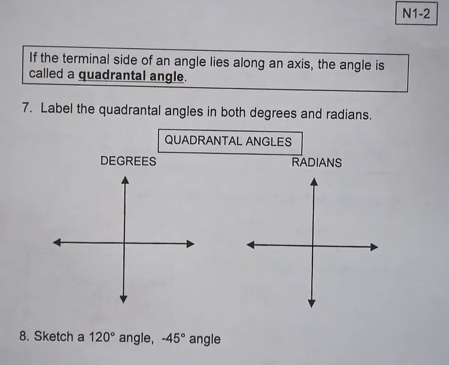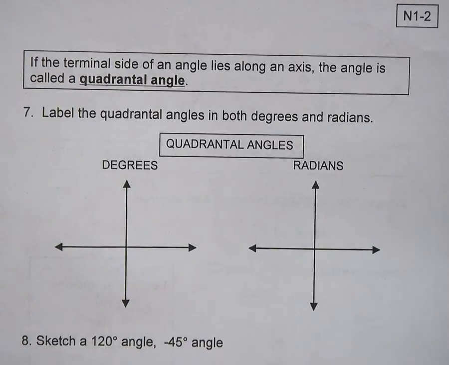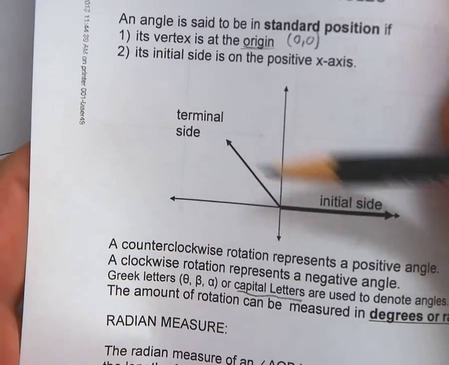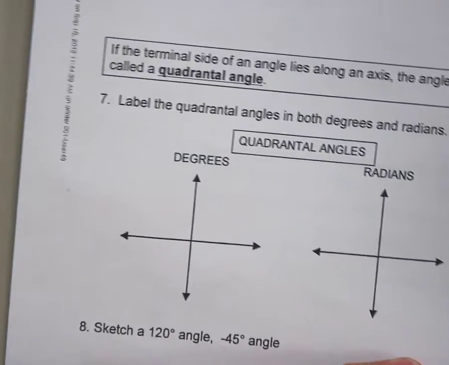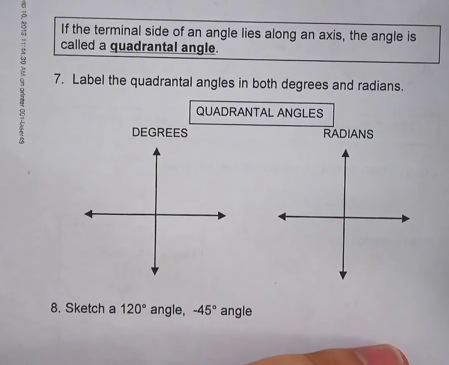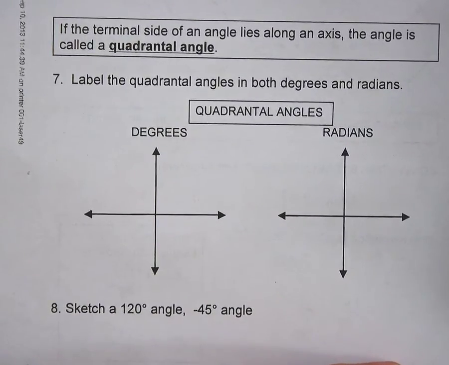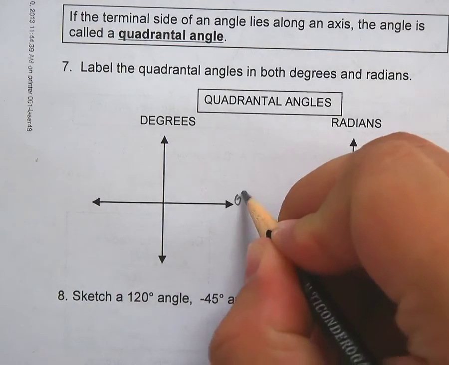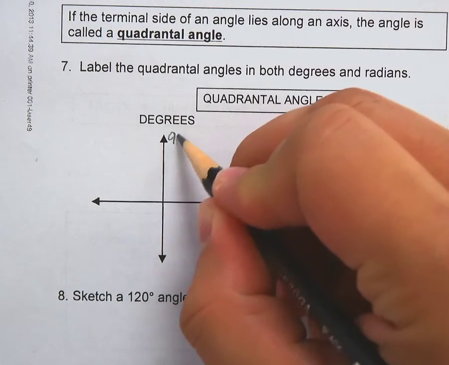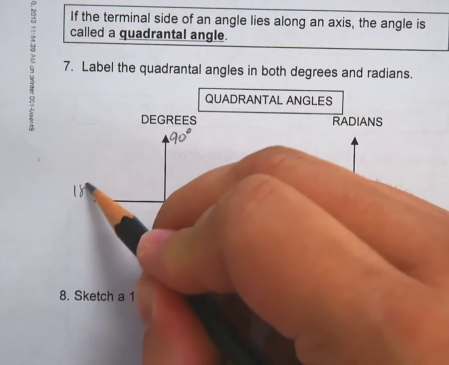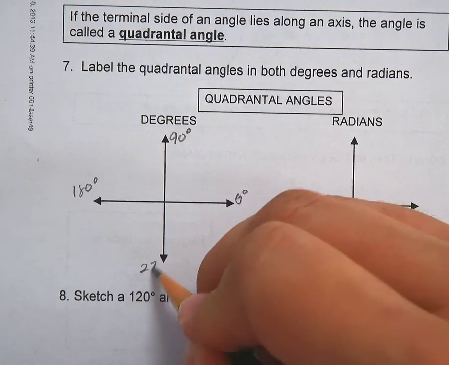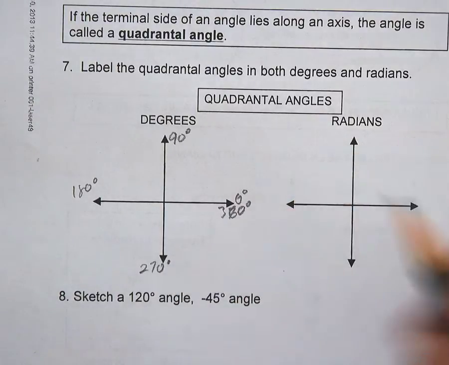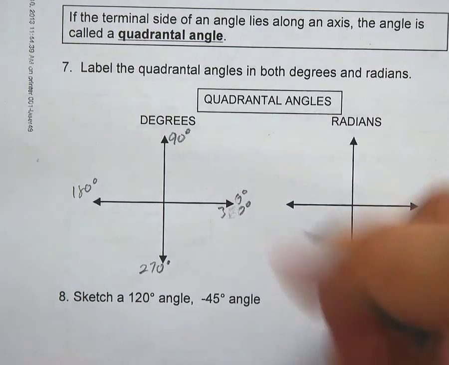If the terminal side, meaning where it stops, remember the terminal side is where it stops. That's what's listed right here. If the terminal side lies along an axis, then the angle is called a quadrantal angle. So you've got 0 degrees here, 90 degrees up here, 180, 270, and 360. Remember that those are called your quadrantal angles.